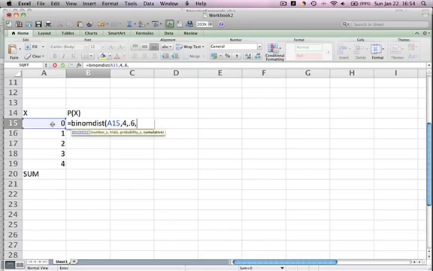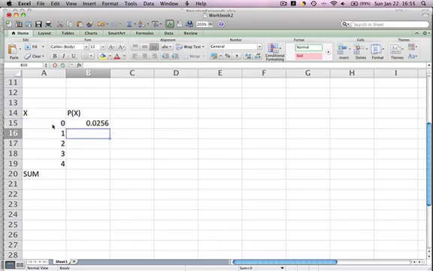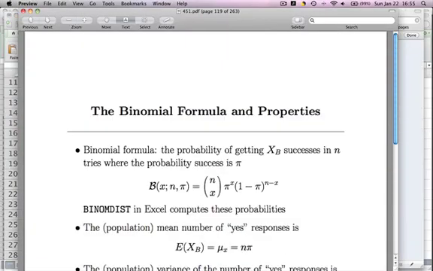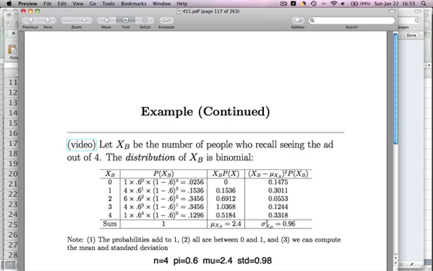The last one asks if we want a cumulative distribution or just the probability masses. So we don't want cumulative, so type in false here. And that number ought to look familiar. All of these numbers should look familiar. So we need to go one more down. They match exactly what we had in this table.